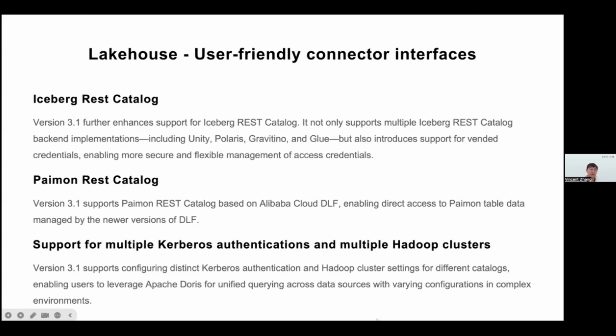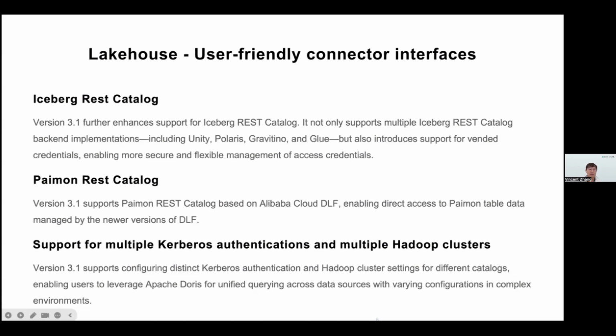Second, we also added support for the Paimon REST catalog. Version 3.1 supports the Paimon REST catalog based on Alibaba Cloud DLF, allowing direct access to Paimon table data management by newer versions of DLF.